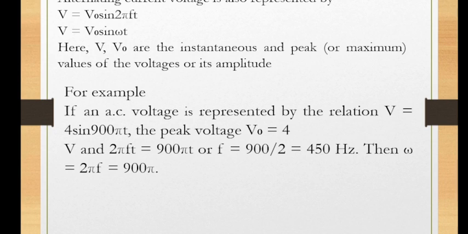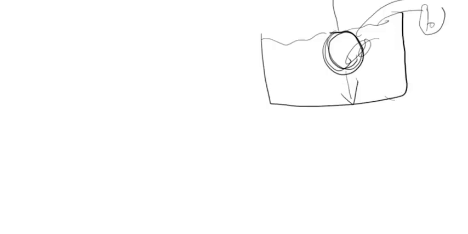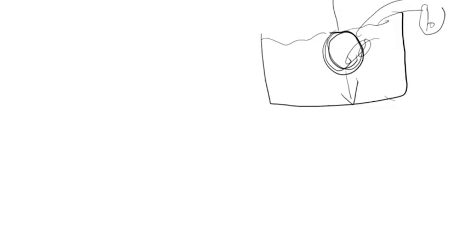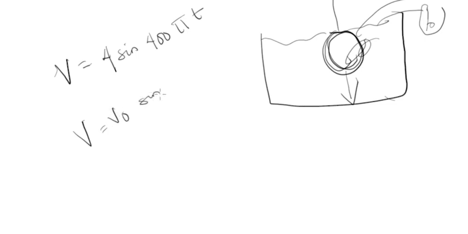Let's go to our board to check what we are trying to say. So look at it now. We're given the relation V is equal to 4 sine 900 pi t. And don't forget what we said: V is equal to V naught sine 2 pi ft.